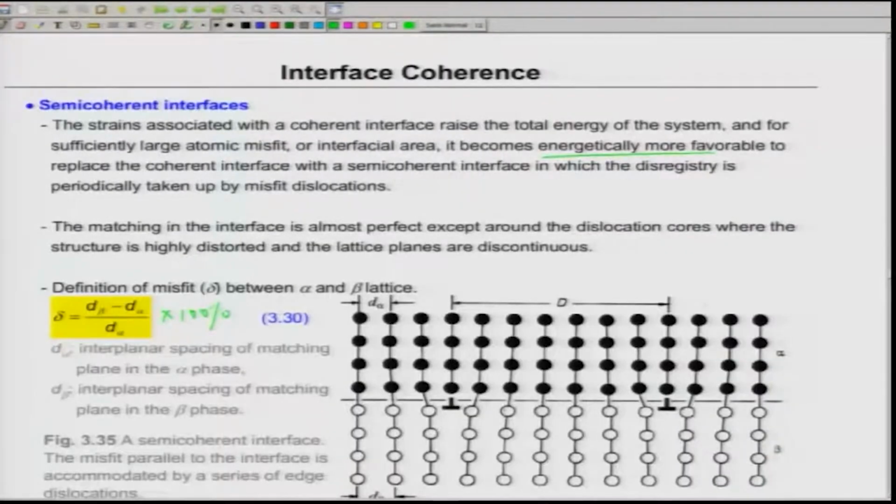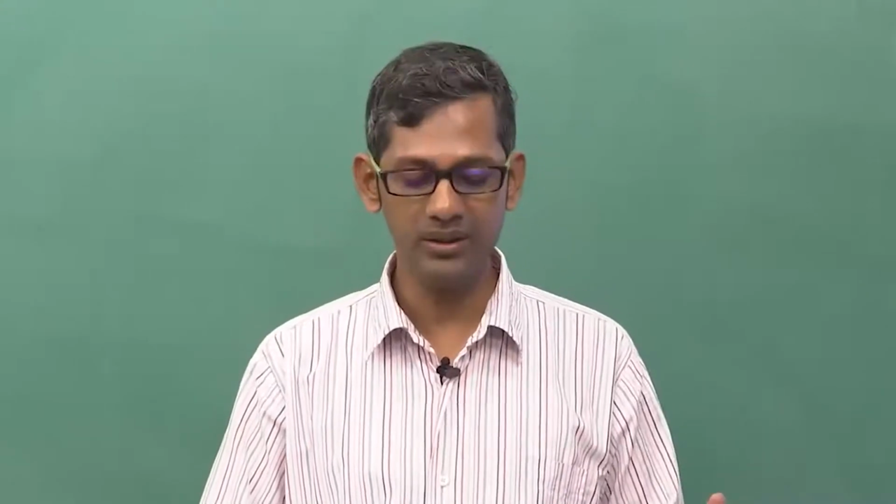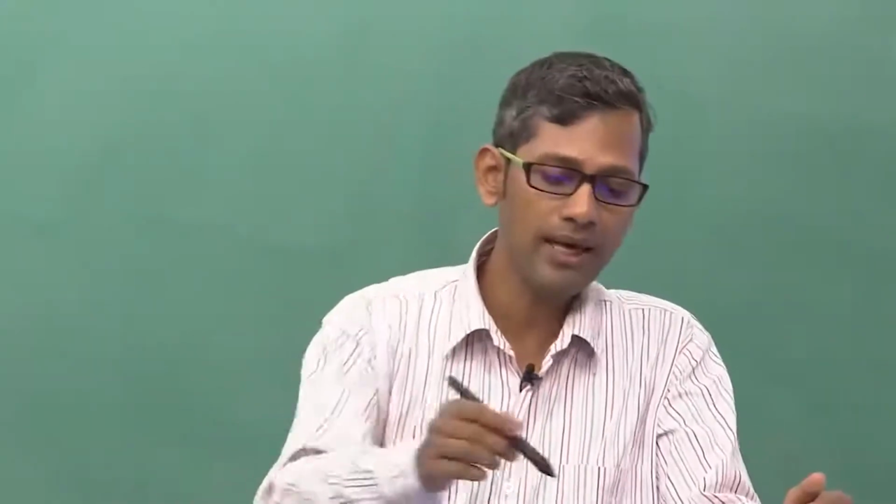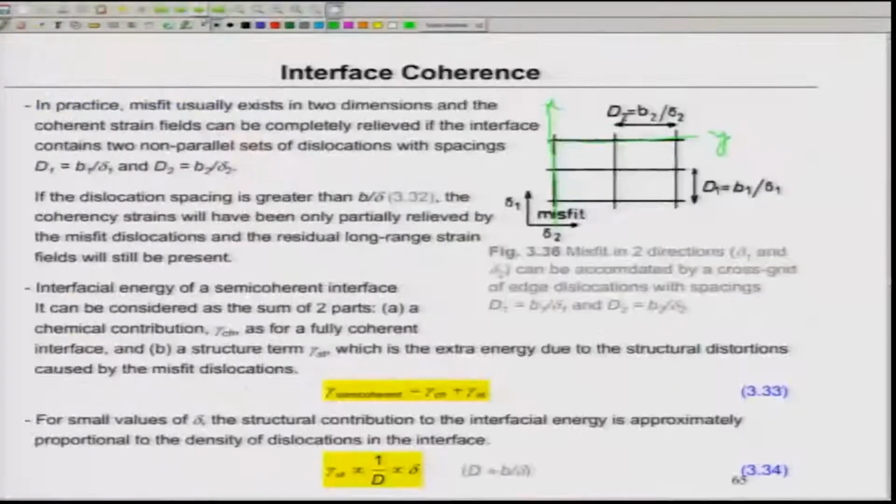Although these dislocations are created to relieve the strain, there are still a few bonds like this one along the core of the dislocation, or this one, that are distorted. This can only happen when the spacing between these dislocations is more than Burgers vector b by delta.